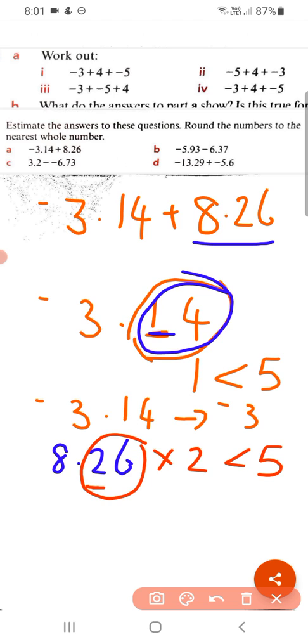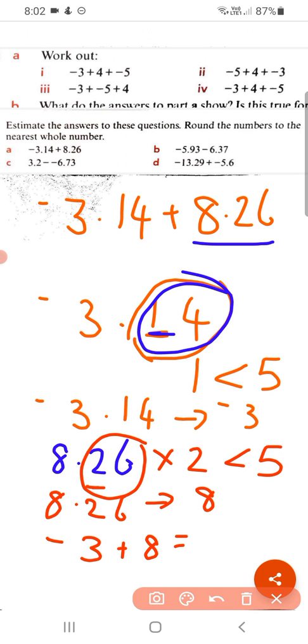Then what remains? 8.26 is equal to 8. So the rounding is over. Now we have to find the answer. Negative 3.14 becomes negative 3 and 8.26 becomes 8.